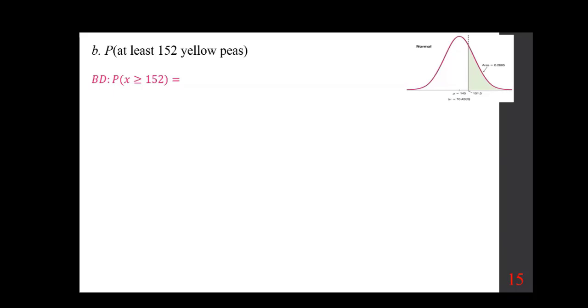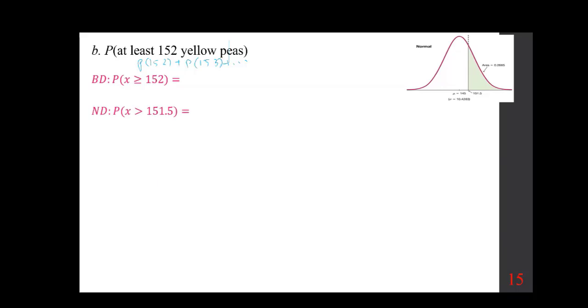Perfect. Again, understand the binomial distribution means you need 152 and anything beyond that. So how do you make sure 152 is there? If you pick 152.5, the first discrete number after that is 153, and you're going to miss the first one, which is 152. Therefore, you're going to go down to 151.5.